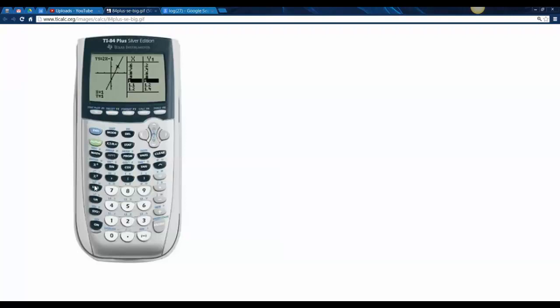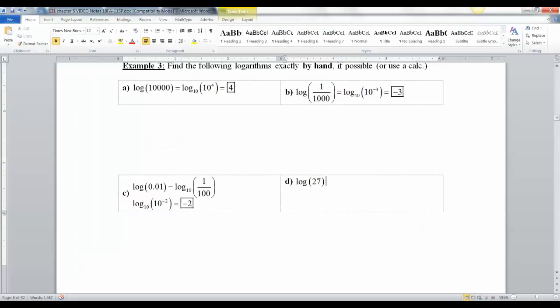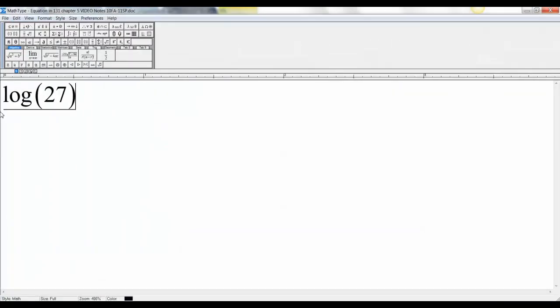You type LOG, press that button, 27, and then enter. And what you'll find is the same thing I did when I Googled it, which is you Google log of 27, you'll get 1.431. So check that with your calculator. It should be the same, right? And it's about equal to 1.431. There we go. All set.